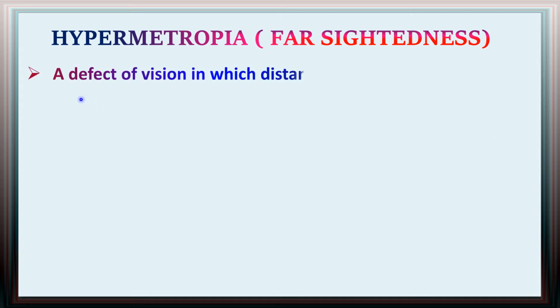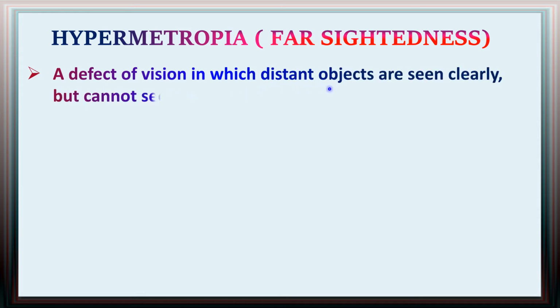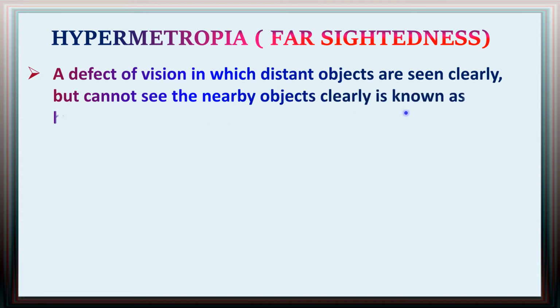So here I am writing the same definition. A defect of vision in which distant objects are seen clearly but cannot see the nearby objects clearly is known as hypermetropia, and this is exactly opposite to myopia.